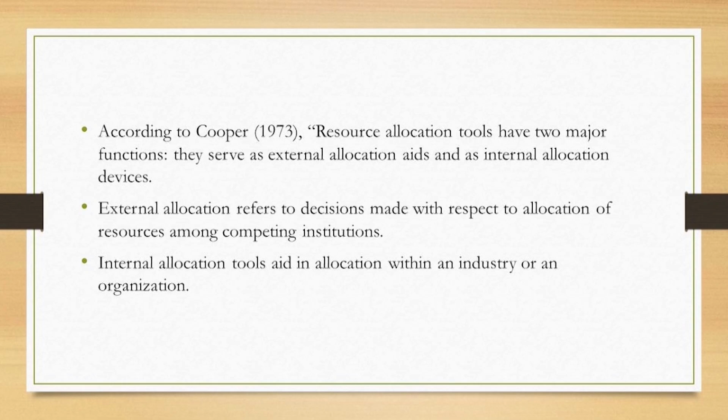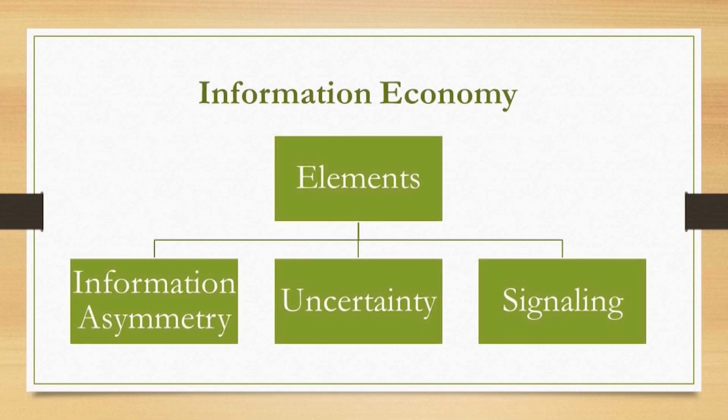And internal allocation tools aid in allocation within an industry or an organization. Now, as we discussed earlier, in the information economy the elements considered here are information asymmetry, uncertainty, and signaling. We have already discussed information asymmetry and we know about uncertainty. Now, signaling, we will just say something.